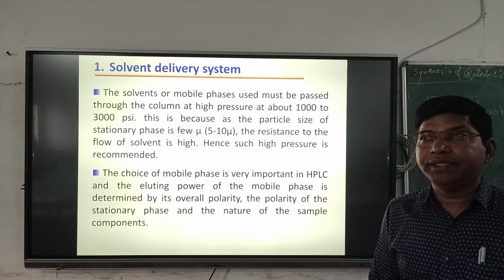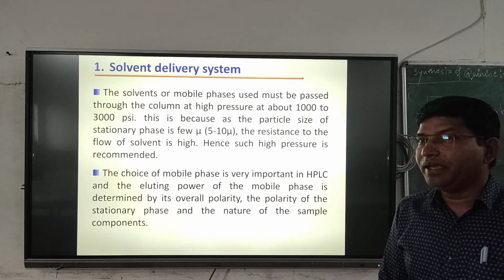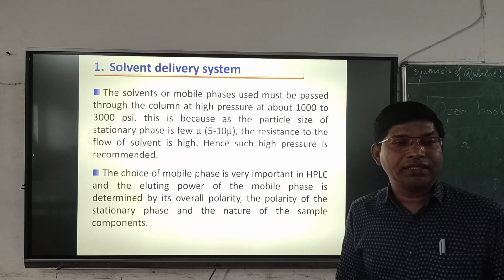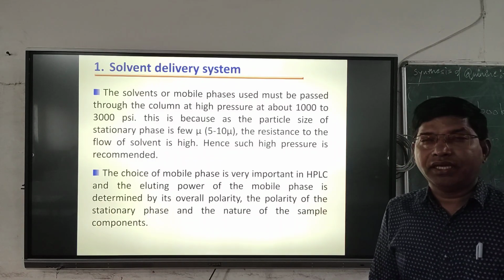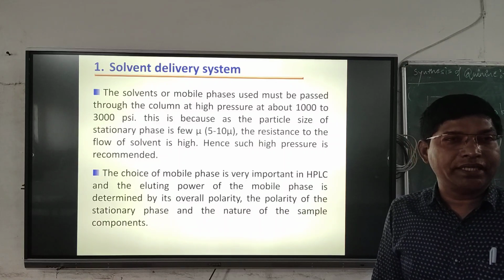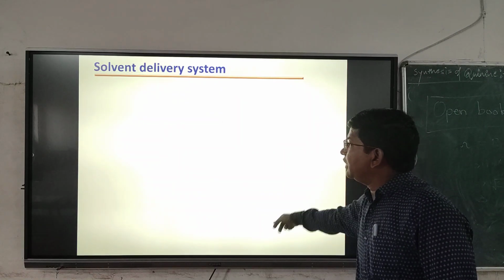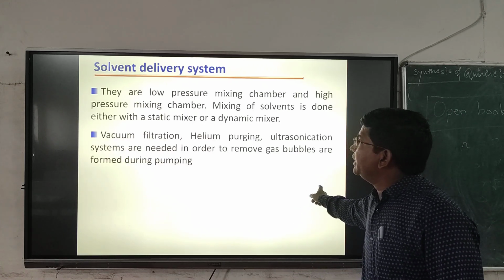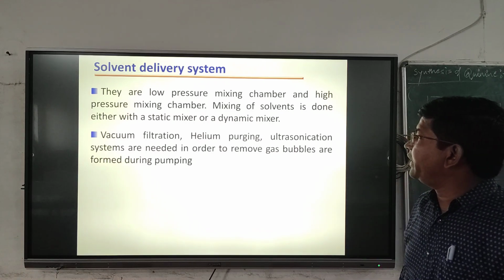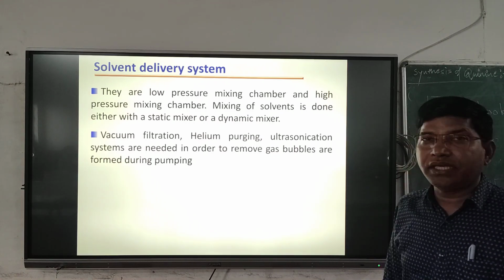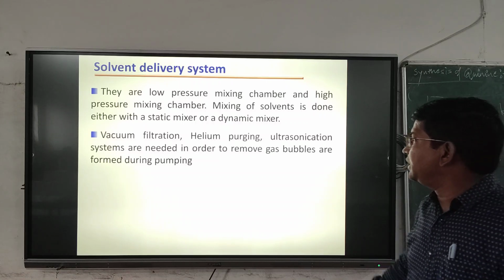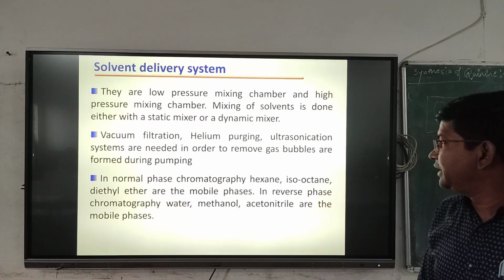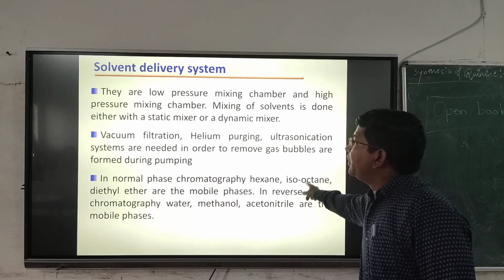The selection of the mobile phase is based on the type of compound mixture you are going to separate, whether it has polarity or non-polarity. In the solvent delivery system we have vacuum filtration, helium purging, and ultrasonication to avoid air bubbles in the column, because they cause interference in the detection of your compound mixture.